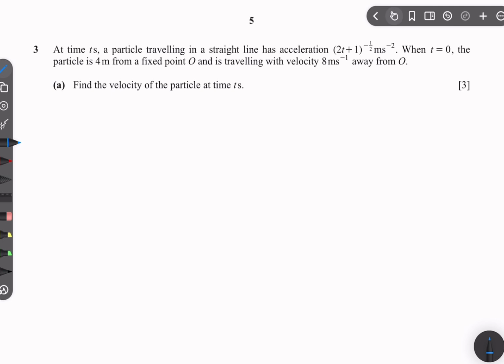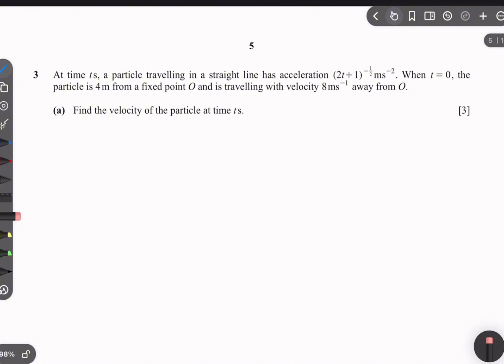Okay, since we have the equation for acceleration, we can integrate it to find the velocity equation. When we integrate, we have to add 1 to the power, so this would be half.